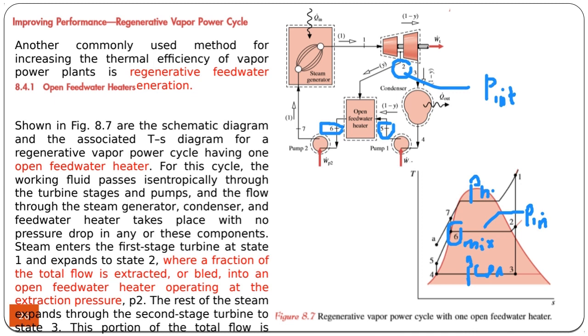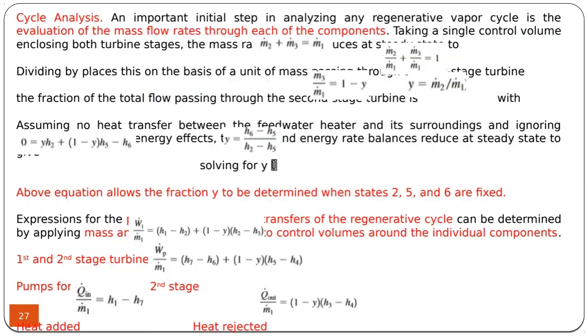By this increase, you can see that the area under this TS curve has increased, which is actually the network of the cycle. So by heating the feed water, it's possible to increase the total work of the cycle. It's called a regenerative cycle.